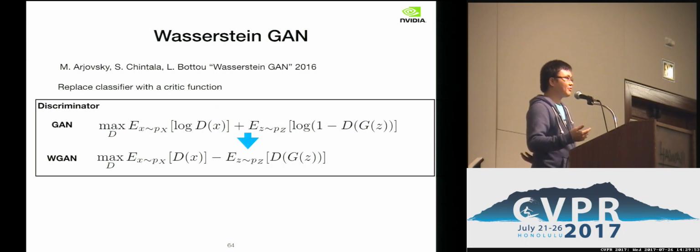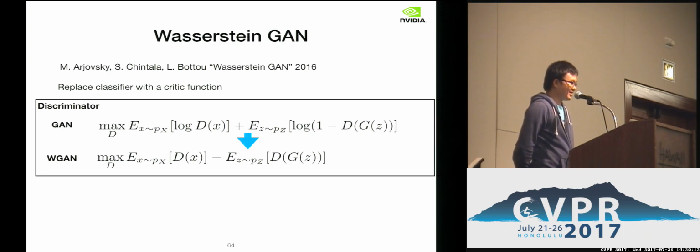Another objective function people propose is the Wasserstein GAN, from Arjovsky, Chintala, and Bottou.